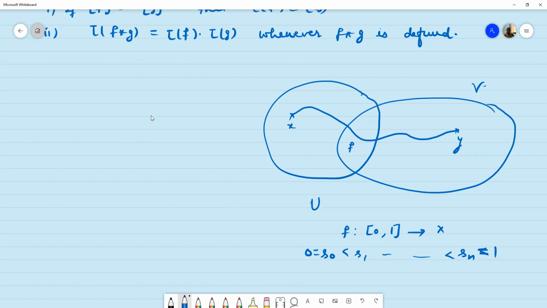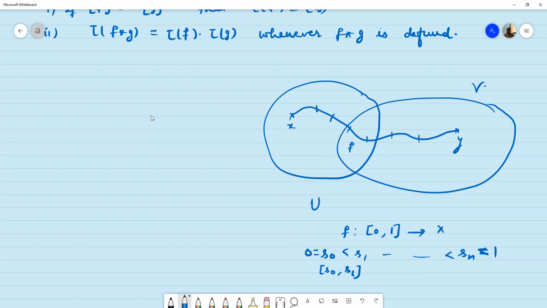The image of S0, S1 is this particular portion of F. Then the image of S1, S2 is this portion, the image of S2 to S3 is this, then the image of S3 to S4 is this.